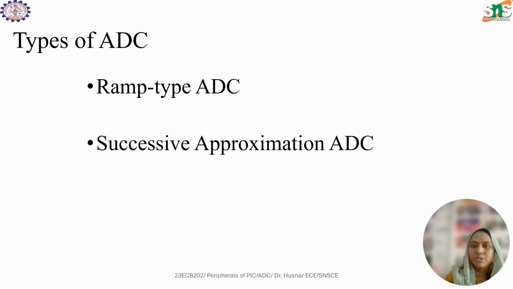The successive approximation ADC uses a binary search algorithm to match the input voltage with the output voltage of an internal digital to analog converter. Each type has its own advantage, and the main trade-off is in terms of speed, complexity, and cost.